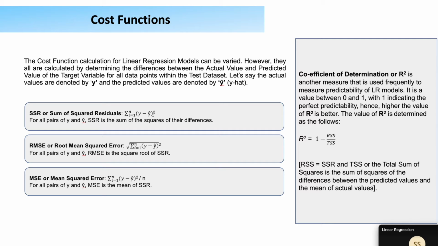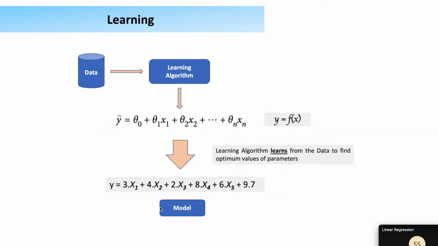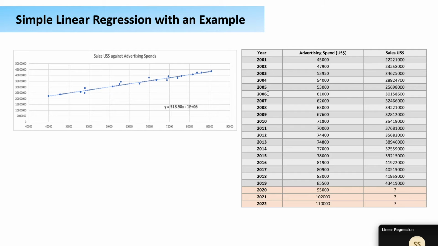What is the residual in machine learning parlance? In this case, the residuals are the differences between individual observations' actual values and the predicted values. So how many expressions are you going to have for y minus y hat? It is equal to the number of rows that you have.